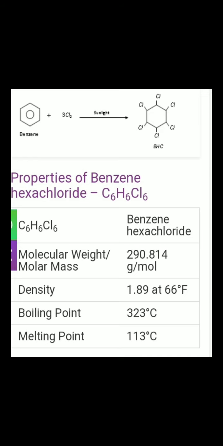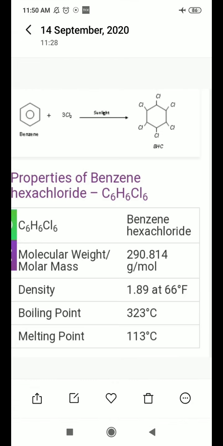It means at each carbon atom one hydrogen is replaced with a chlorine atom, which gives the structure 1, 2, 3, 4, 5, 6 hexachlorocyclohexane.